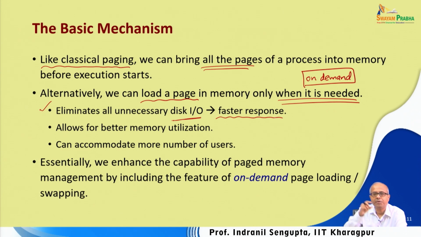And because we are occupying less memory per process, you can have better memory utilization, you can accommodate more processes, that means more users can run their programs. So, basically this is not anything drastically different from paging, we are just enhancing the capability. Paged memory management was there, we are enhancing the capability by including one new feature which is on demand page loading.